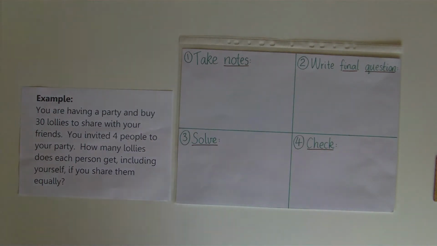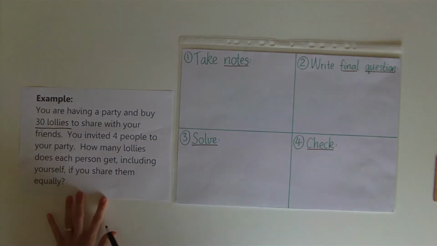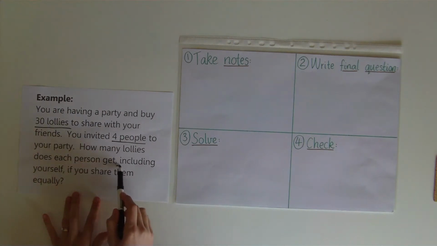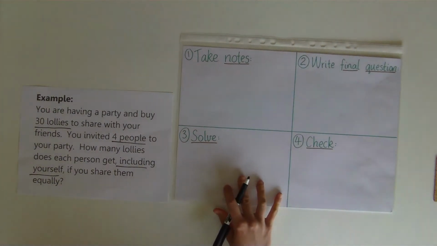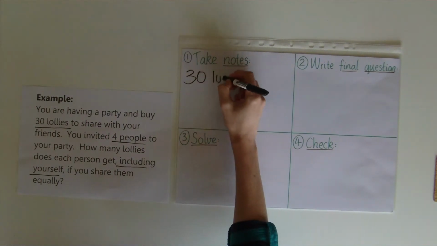Getting my whiteboard markers. Now, for the first part here, first of all, we know that there are 30 lollies in total. There are 4 people, including yourself. So on my notes section on here, I'm going to write 30 lollies total.